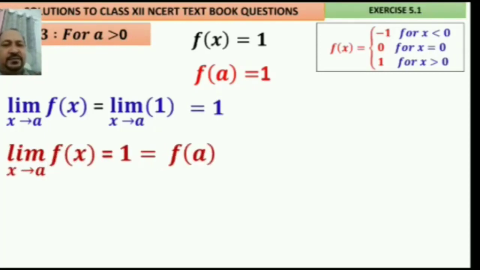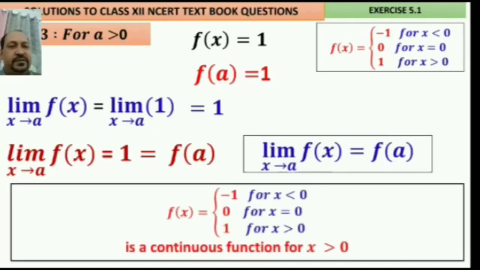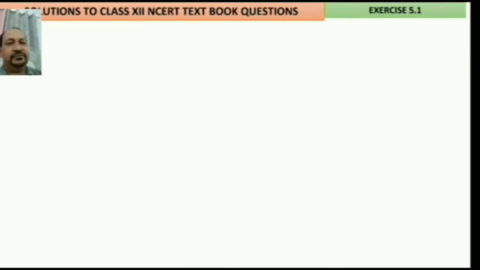As we observe in this question that the limit value of the function is always equal to 1, which is also the functional value of the function. So we can say that the function is continuous for x is greater than 0.